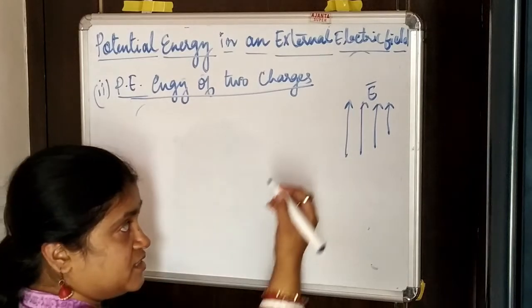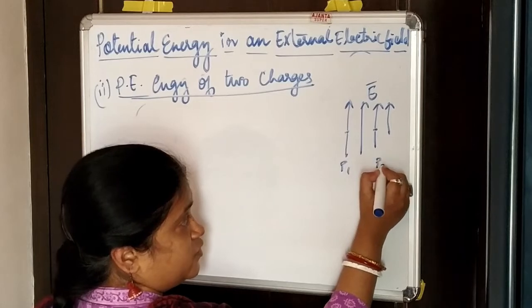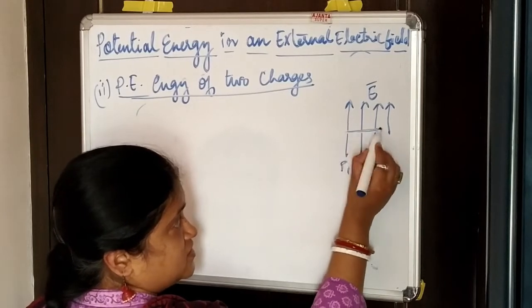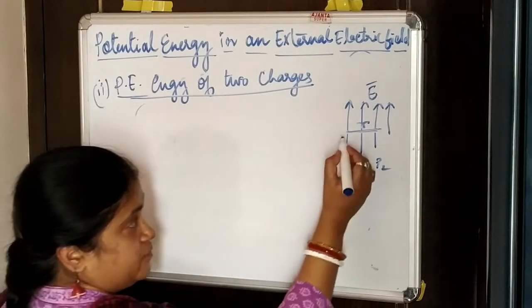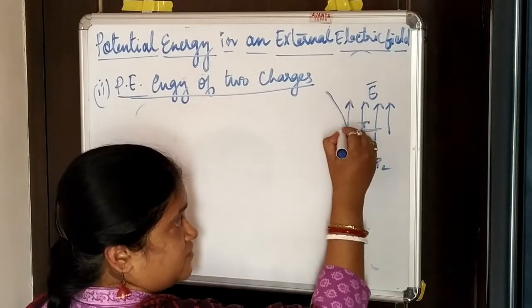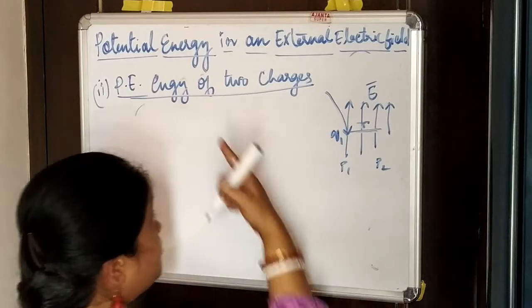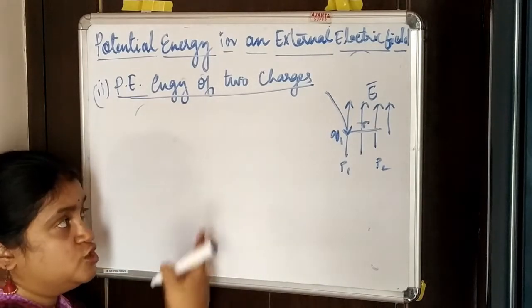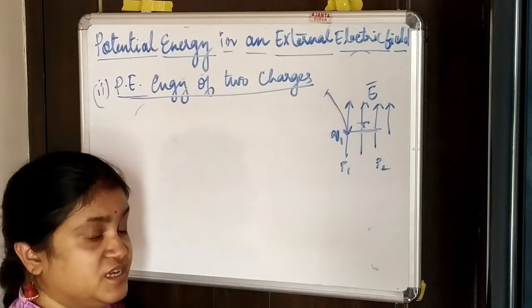and let's take there are 2 points in this field, P1 and P2, which are at a distance R between them. At the point P1 I must already have one charge Q1, because now I am talking about two charges. So the first charge is Q1, which I have brought from infinity.